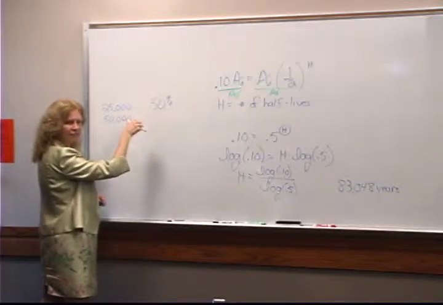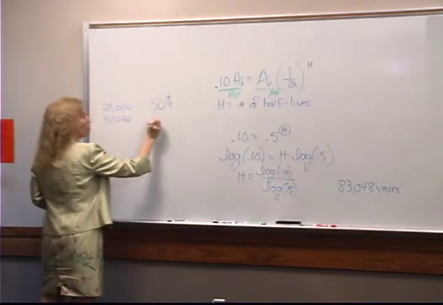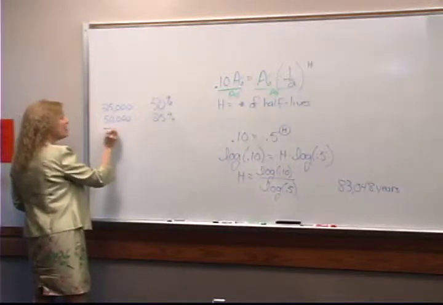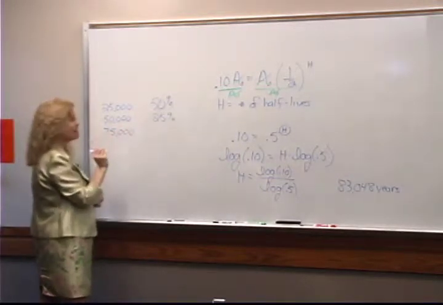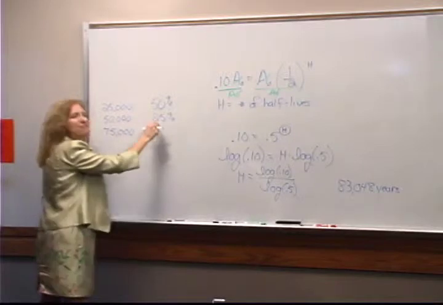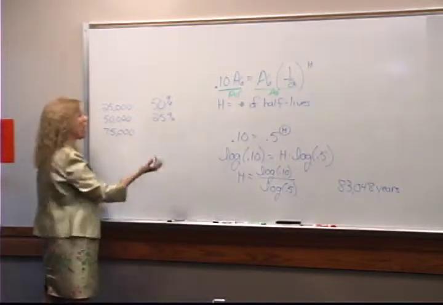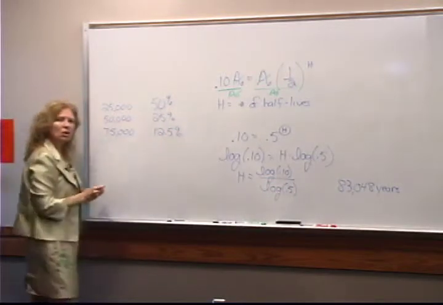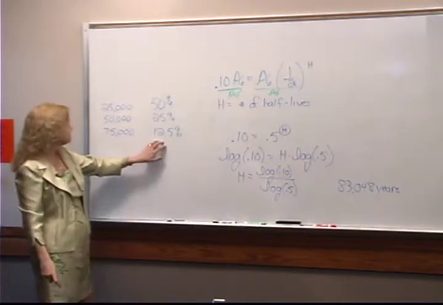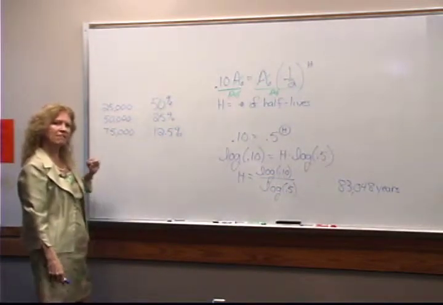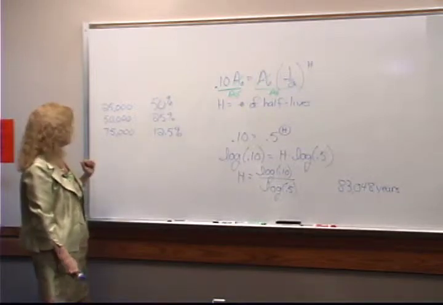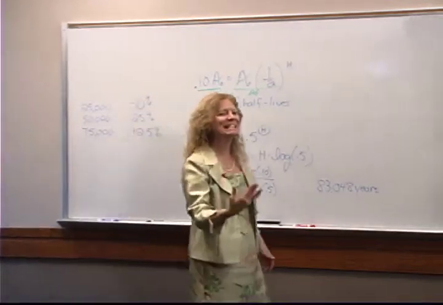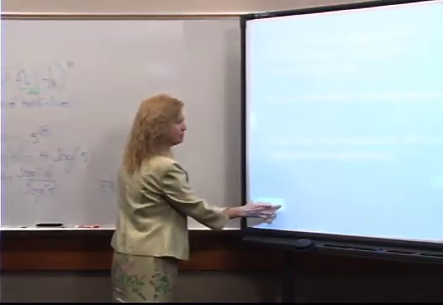What's half of 50%? 25%. Then after another half-life, so we're up to 75,000 years, we have half of that still radioactive. Half of that is 12.5%. So doesn't it make sense that 10% would be a little bit more than 75,000 years? Yeah. I always like to make sure my answers make sense as I leave them.